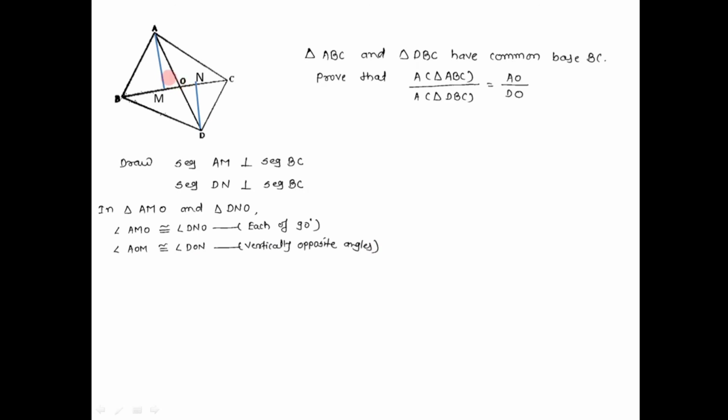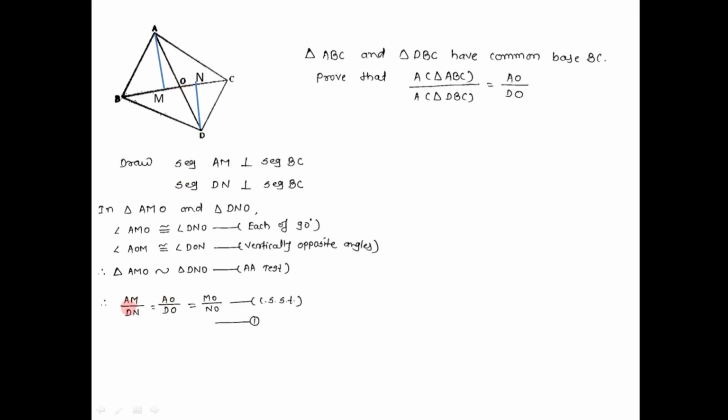Now for these two triangles, two angles of one triangle are congruent to two corresponding angles of the other. That's why these two triangles are similar by AA test. So triangle AMO is similar to triangle DNO by AA test. And we know that if two triangles are similar, then their corresponding sides are in proportion.